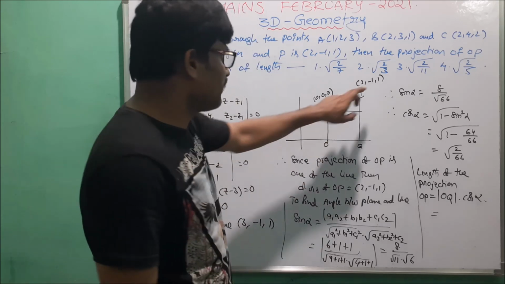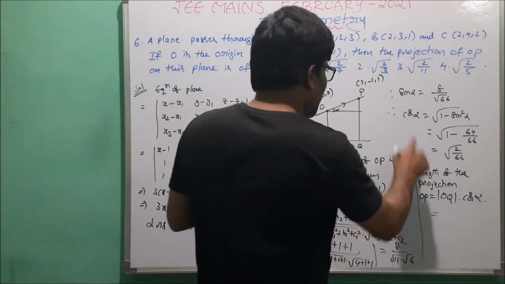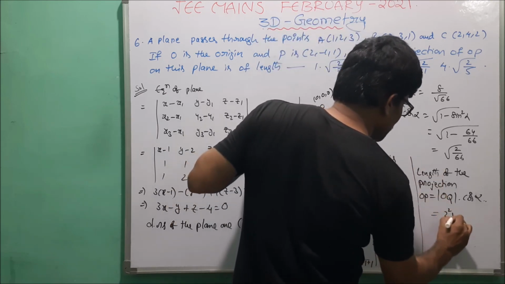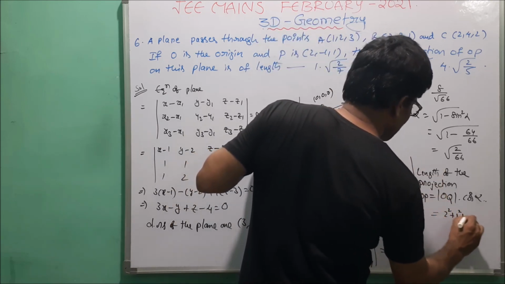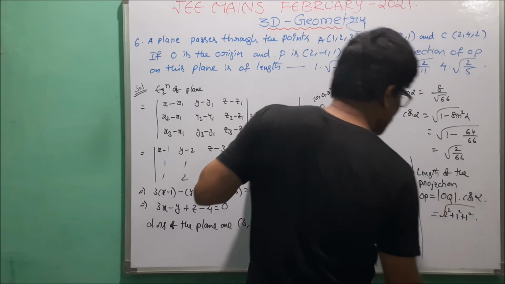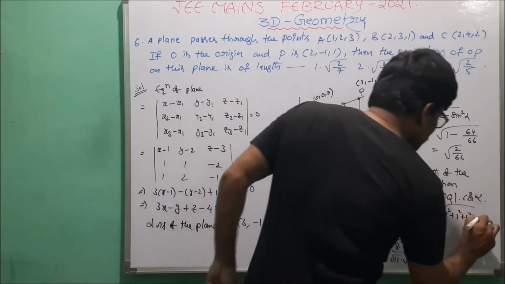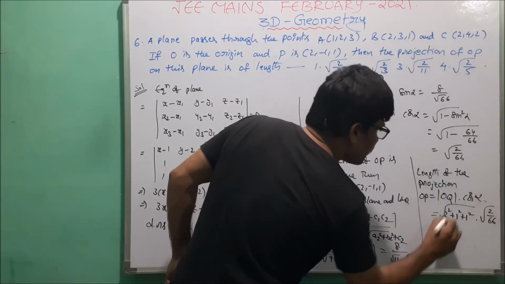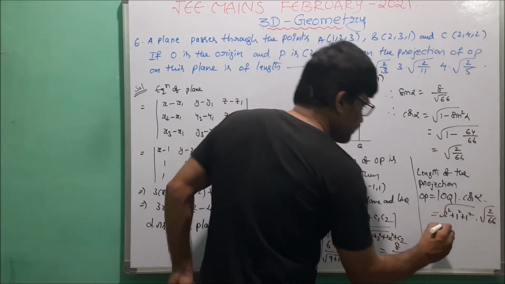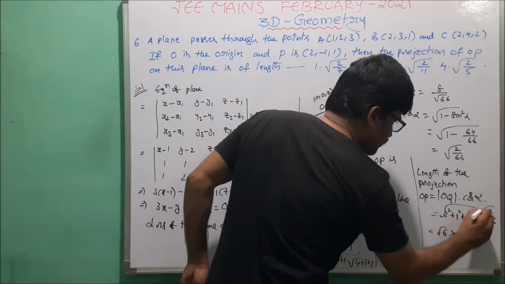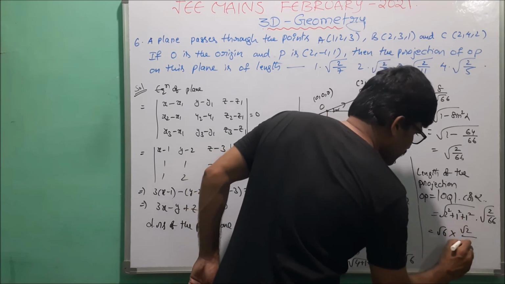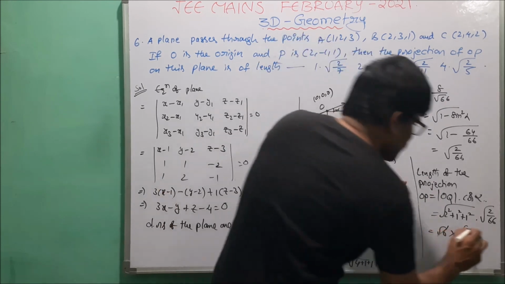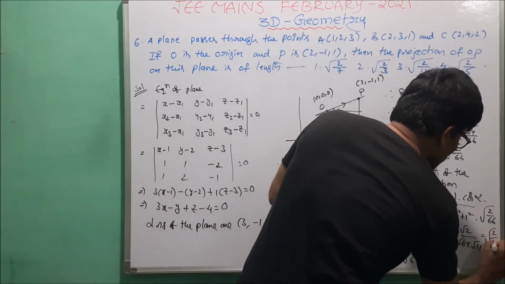Mod OQ value means square root of 2 square plus 1 square plus 1 square, into cos alpha value root 2 by root 66. So this is root 6, into root 2 by root 6 into root 11. Root 6 will be cancelled. Now the total value is root 2 by 11.